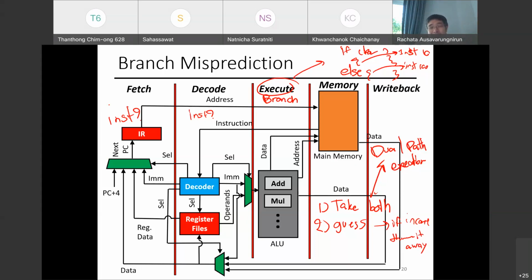Yes, guess again, but there are only two options. If you guess I'm going to the if, oh wrong, so let me go to the else, right? So this is the concept of branch prediction.